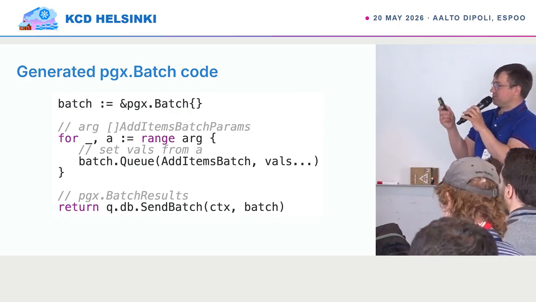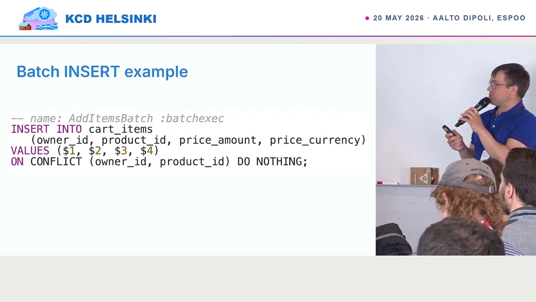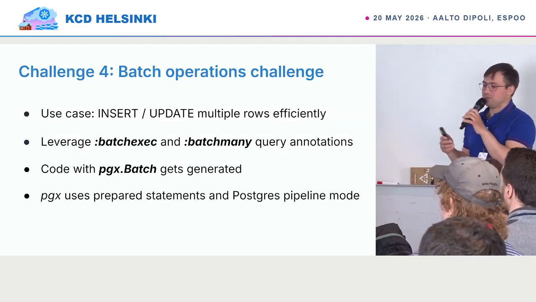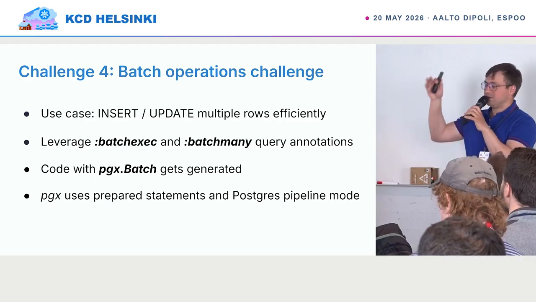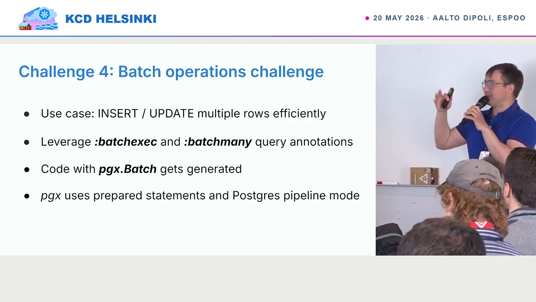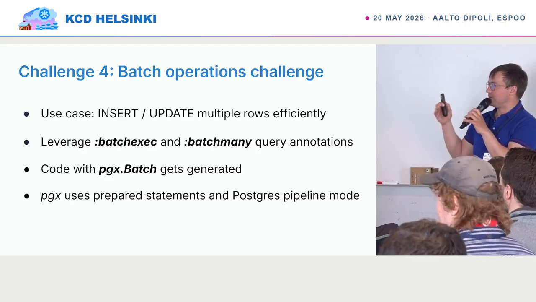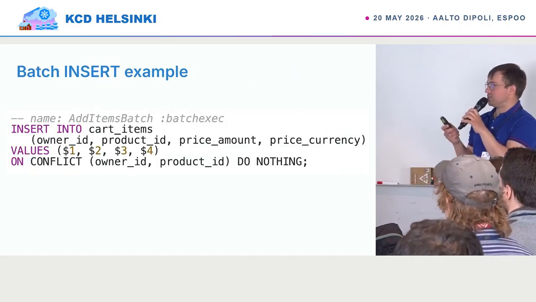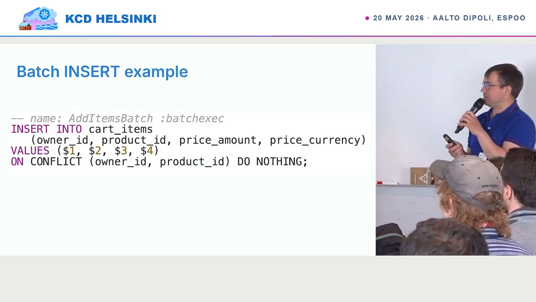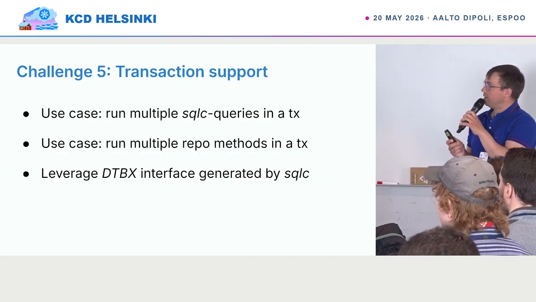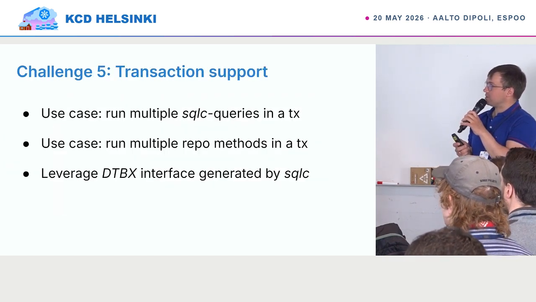It uses the Postgres pipeline mode, and it's efficient because it sends multiple statements in a pipeline without waiting for the output of each statement to be executed. So this is an efficient way to insert a lot of data, or update a lot of data.